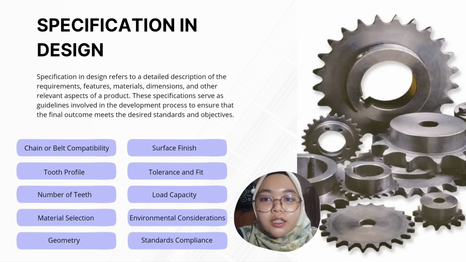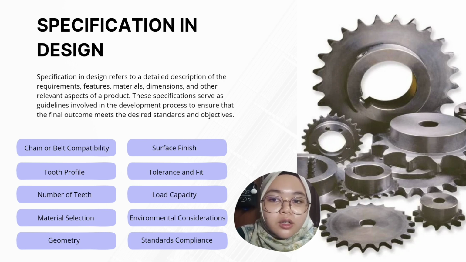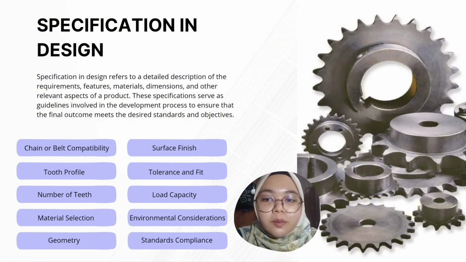The specifications that need to be considered are chain or belt compatibility, tooth profile, number of teeth, material selection, geometry, surface finish, tolerance and fit, load capacity, environmental consideration, and the last one is standard compliance.